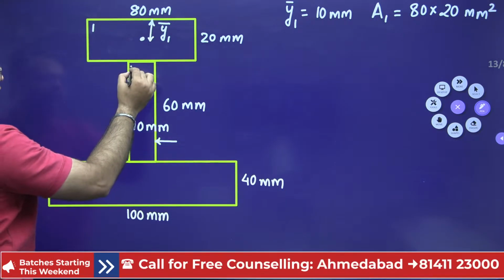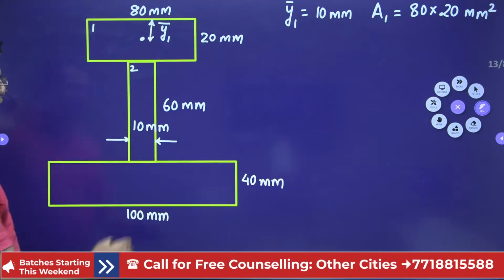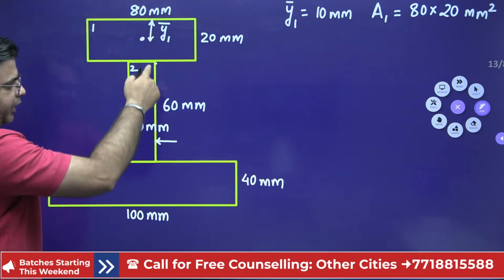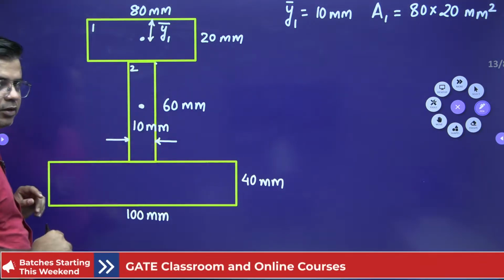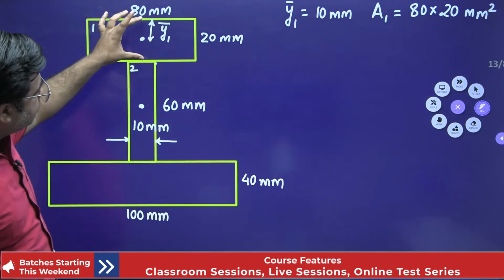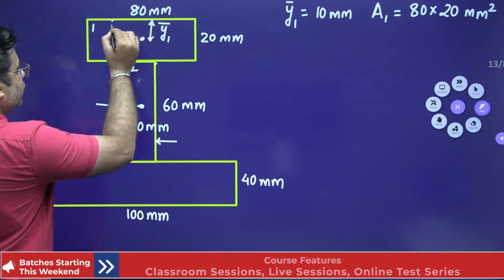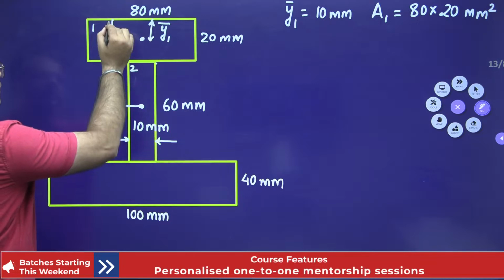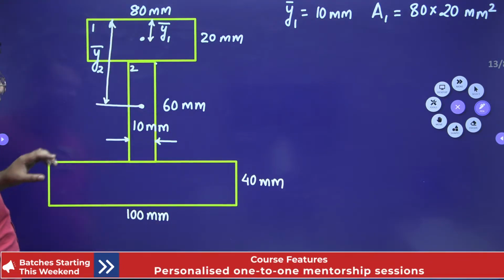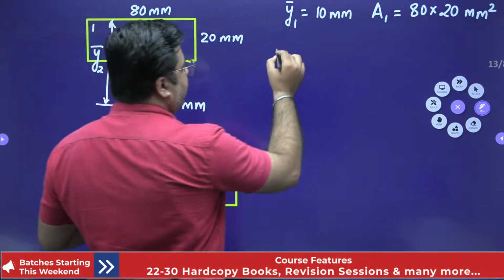Now talking about the second rectangle. This second rectangle will have the CG here, at the midpoint of this height of 60 mm. So this distance is 30 mm. 30 plus 20, so this is the Y2 bar, and Y2 bar will be 30 plus 20 mm, that is 50 mm.